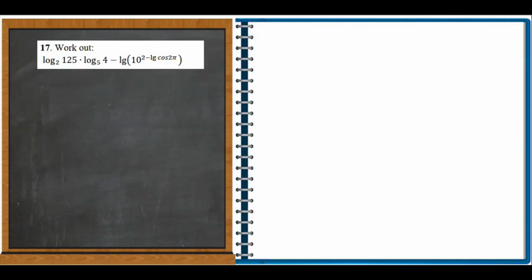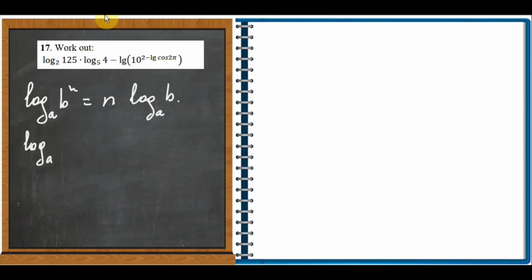Question number 17. Here we see logarithm. To solve this question, we will need some formulas. First, logarithm base a of b to the power of n is equal to n times logarithm base a of b. The second, logarithm base a of b is equal to the reciprocal of logarithm base b of a.